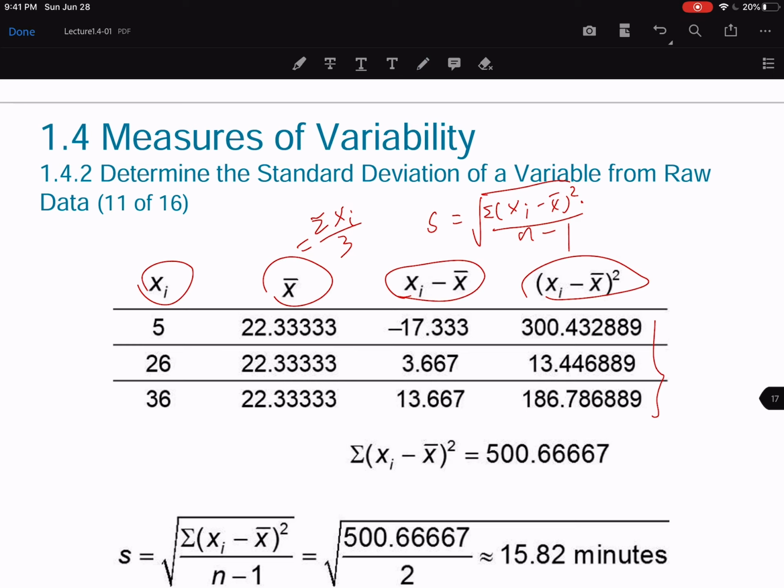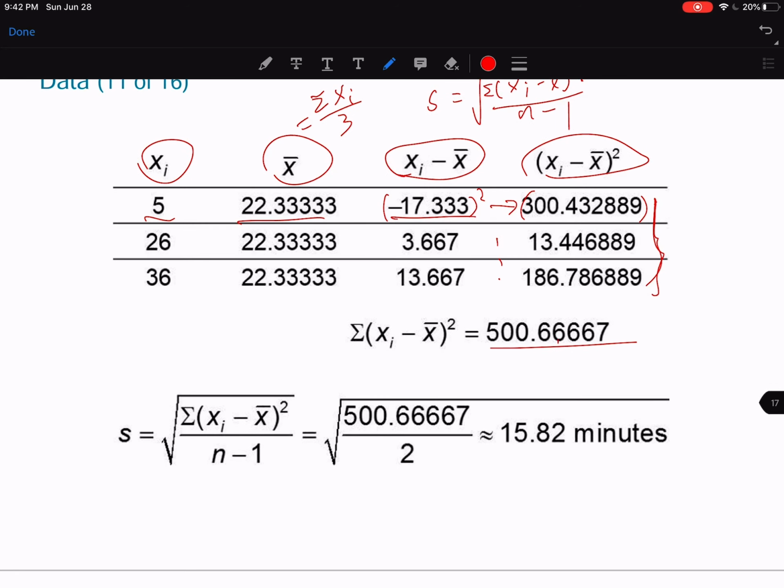All right, and then we use xi minus x bar to get the deviations over here, and then we square this number to get this number over here, and so forth. Once we get all of the squared deviations about the sample mean, we add them all up to get this number over here. Once we got this number, we'll plug it back into here.